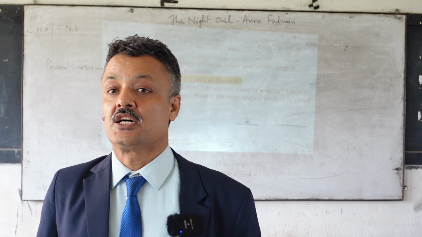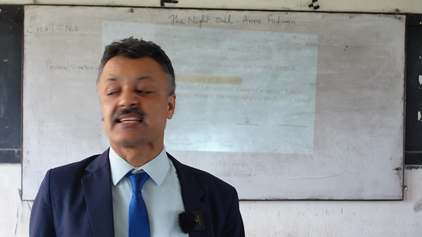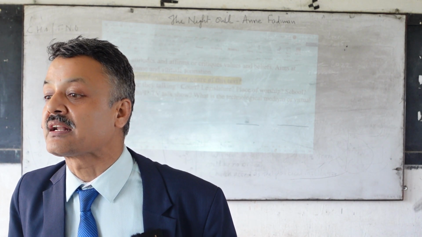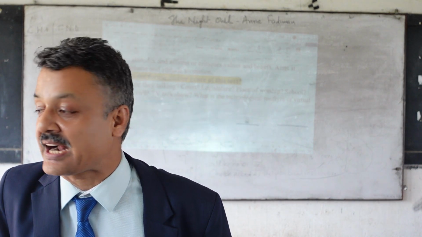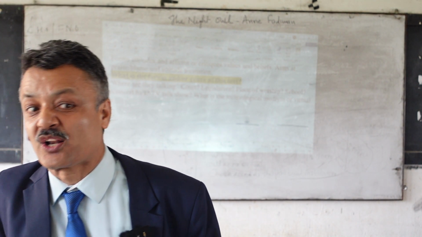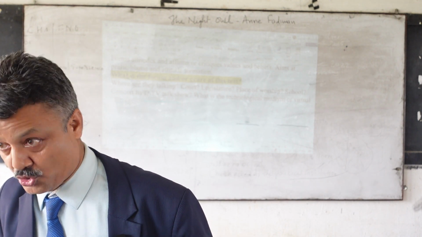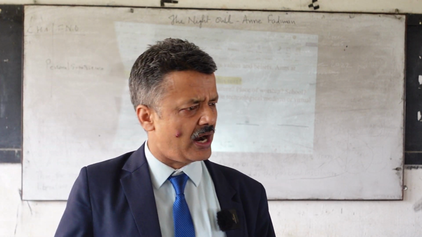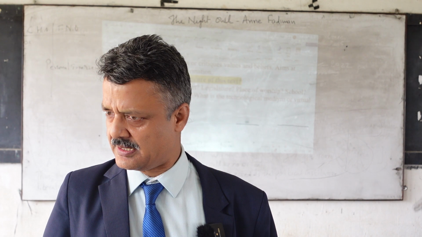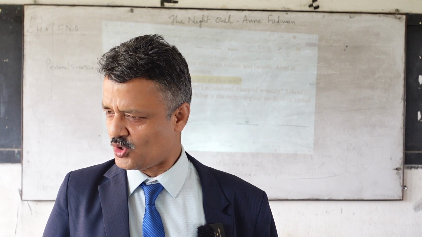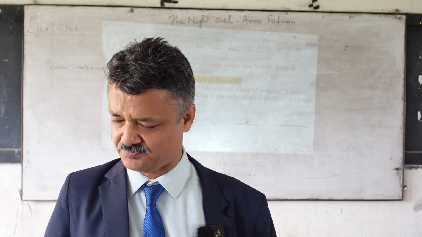What is the genre? Chang Rae Lee's essay is a narrative and memoir that uses flashback technique and which uses pathos mostly, emotional appeal. Anne Fadiman's essay, what appeal does it make?